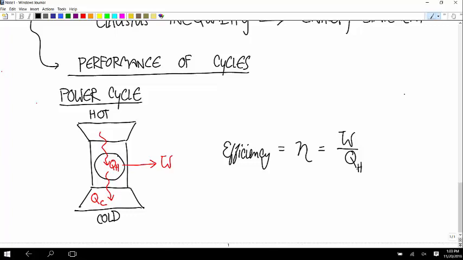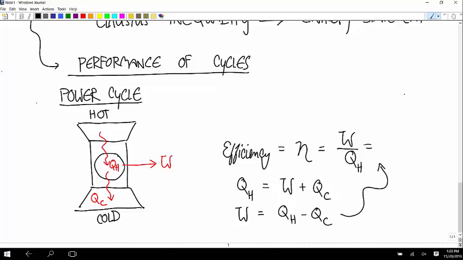And since this is a cycle, the energy inside the system, beginning and end of the cycle, has to be the same. And so that means that the flow in has to equal the flow out. So QH has to be equal to the work plus QC. And so if you rearrange that, work is equal to QH minus QC.